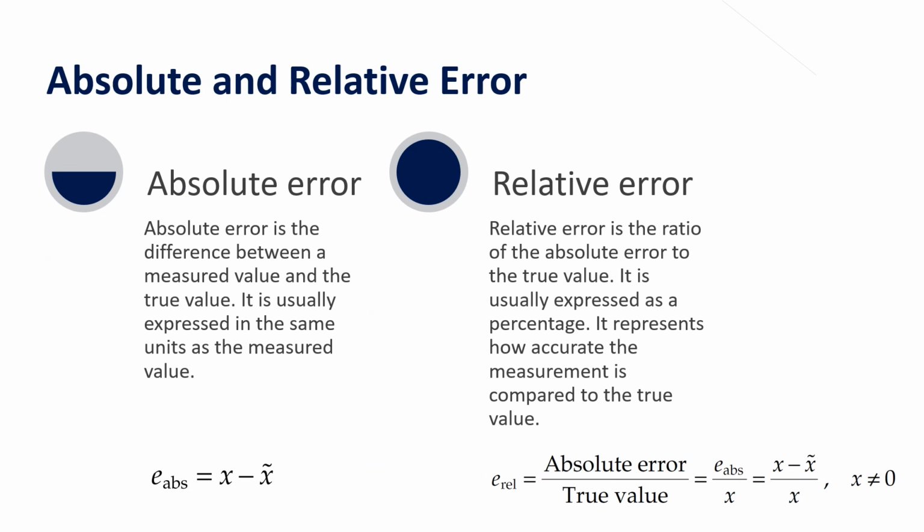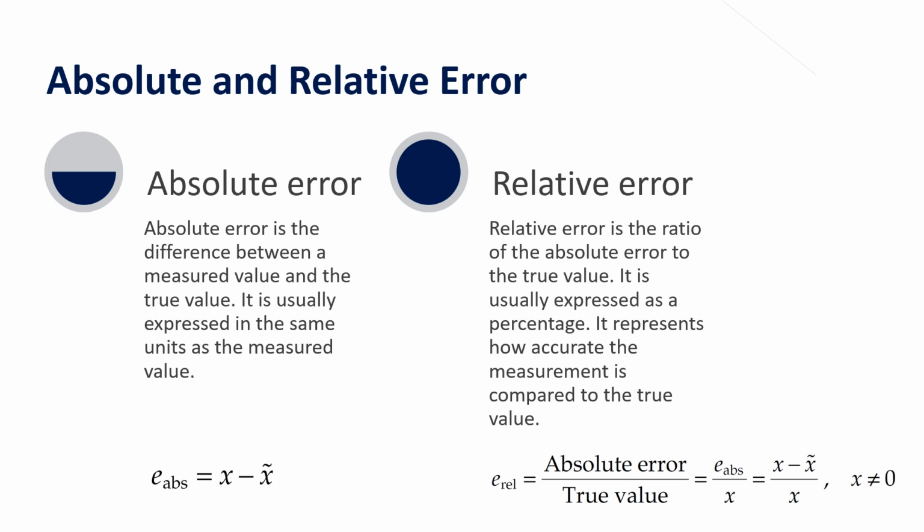And then another thing we need to discuss is that when you have measurements, of course, you need to understand what absolute error and relative error are, and how to measure the accuracy of your calculations. Absolute error is the difference between the true value of the measurement and the measured value.